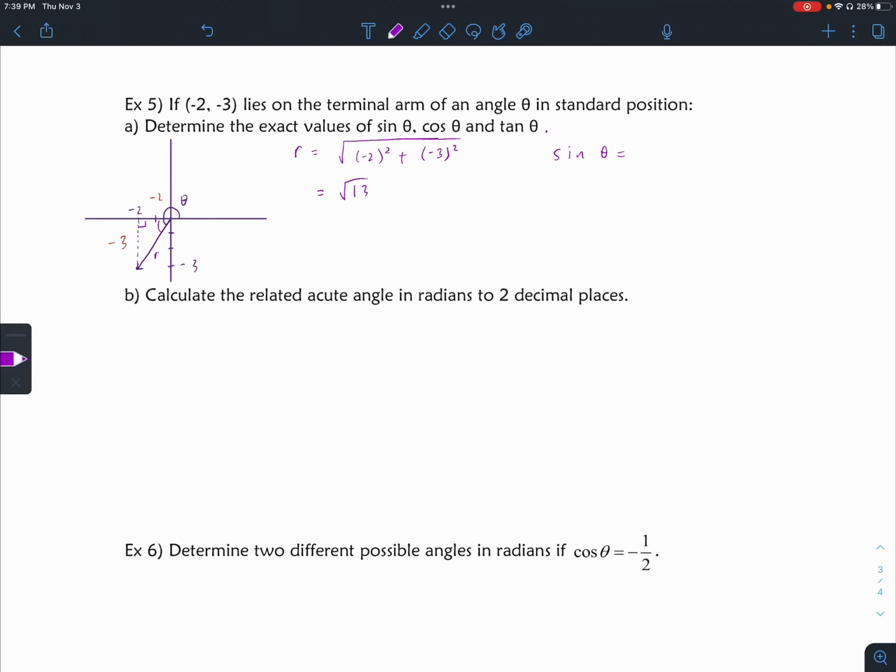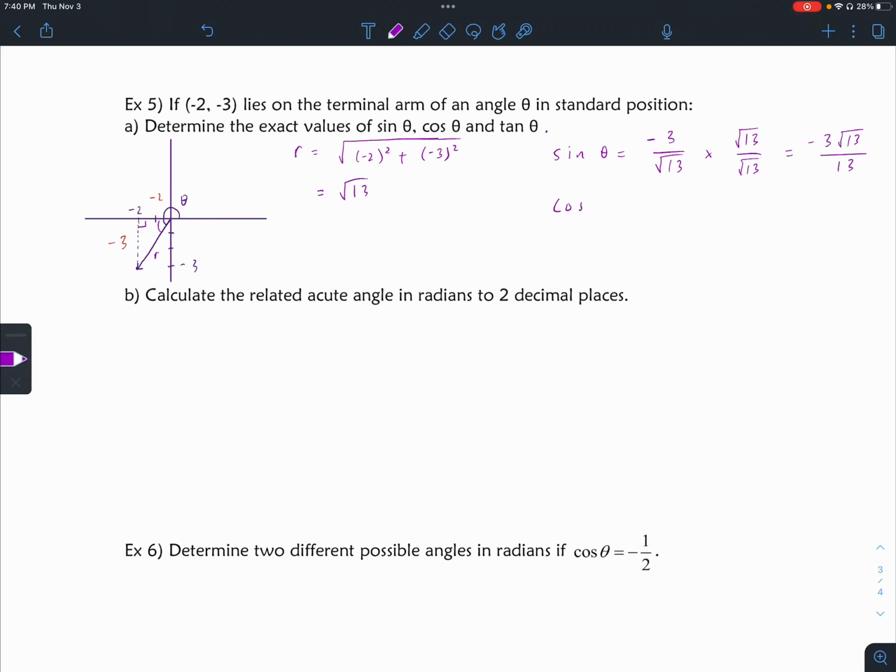Negative 3 is the opposite side length, and the hypotenuse is root 13. We do want to rationalize this, so we multiply the top and bottom by root 13, and that gives us negative 3 root 13 over 13. So that's sine of theta.